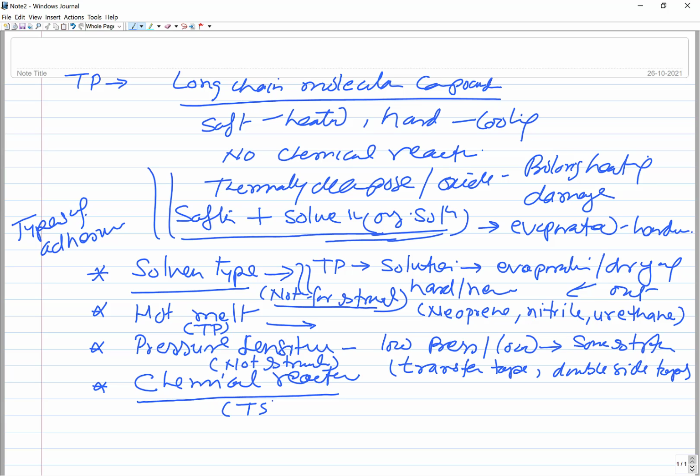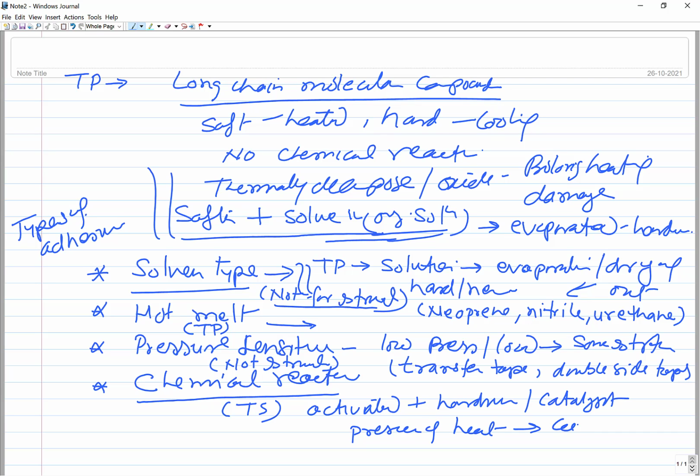These are basically thermosetting resins, and as I have said, these are activated in the presence of some hardener or catalyst for chemical reactions to take place, and in the presence of some kind of heat, they get cured very easily and impart the desired strength.